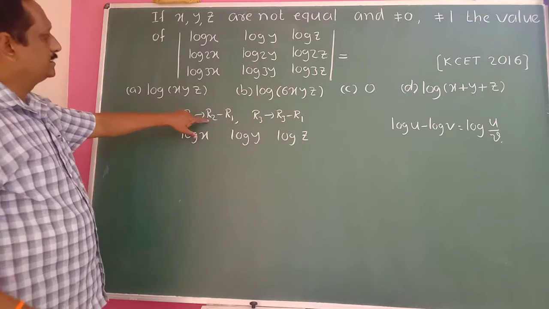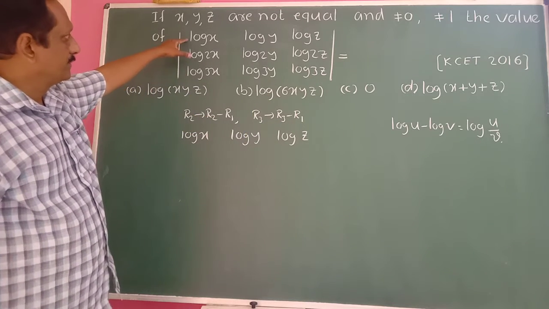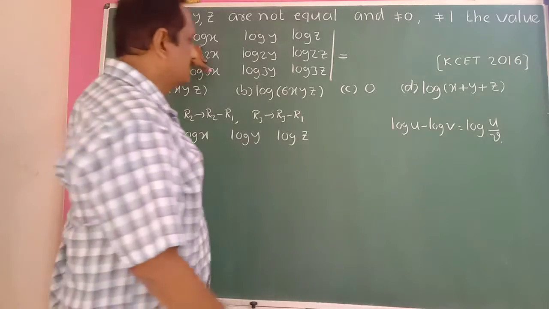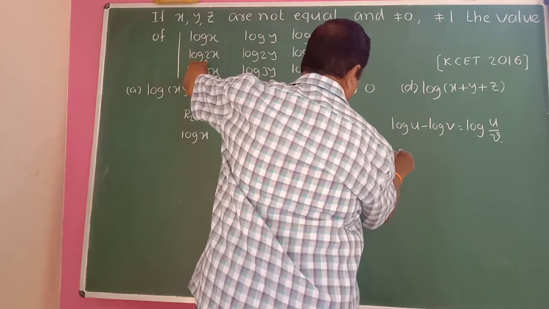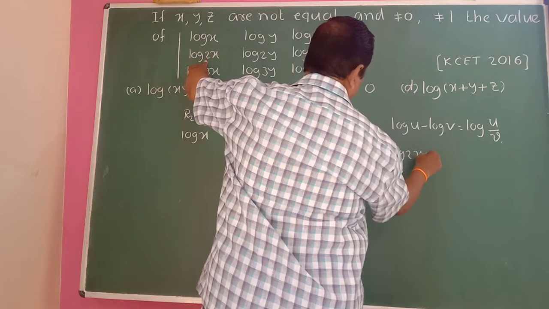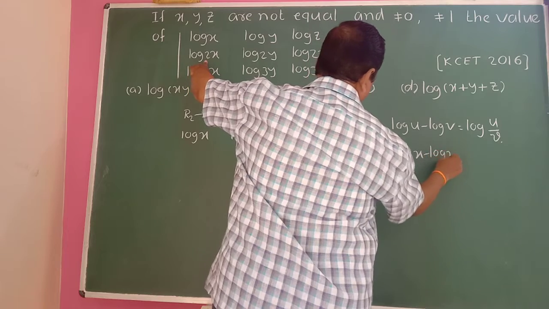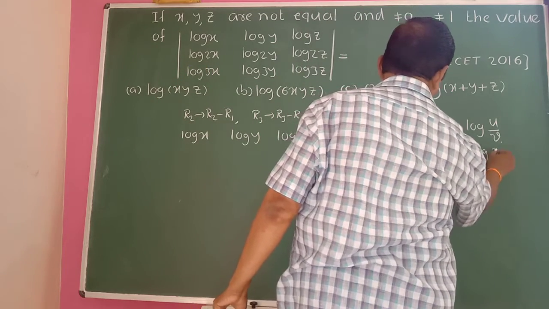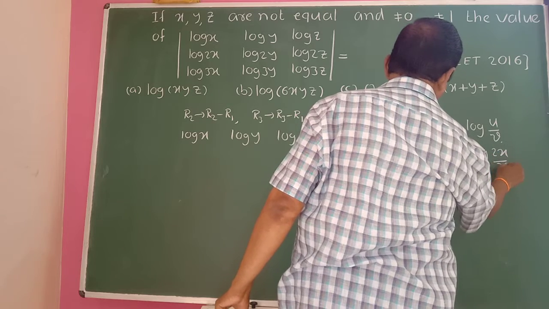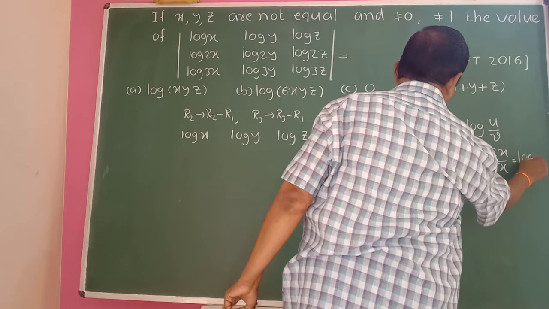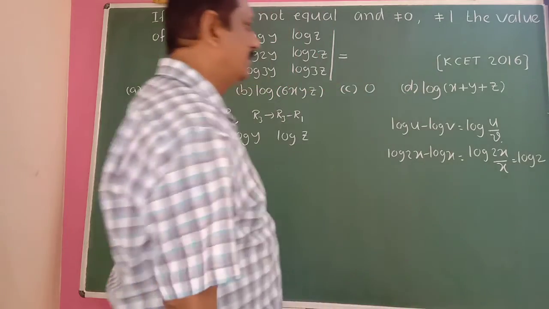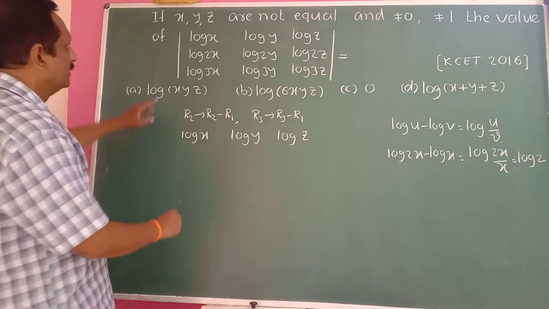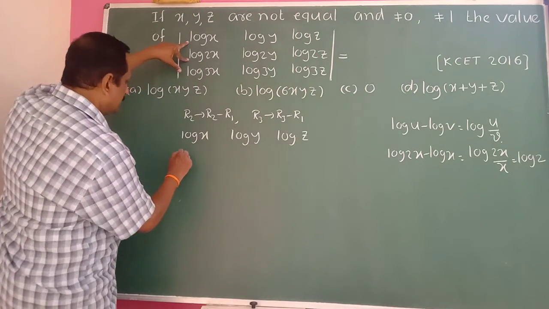Then R2 minus R1 means this minus this, log 2x minus log x. Just observe, log of 2x minus log of x is equal to log of 2x divided by x, and x and x cancel. Therefore, this minus this is log 2.